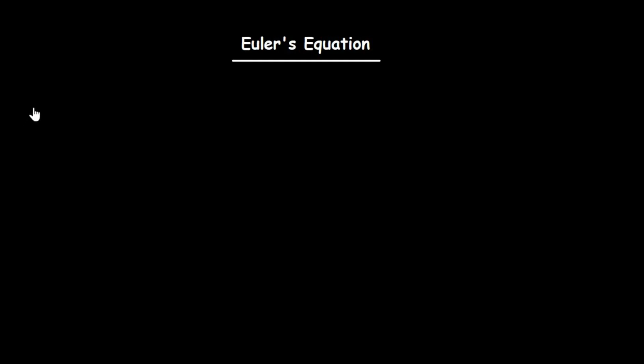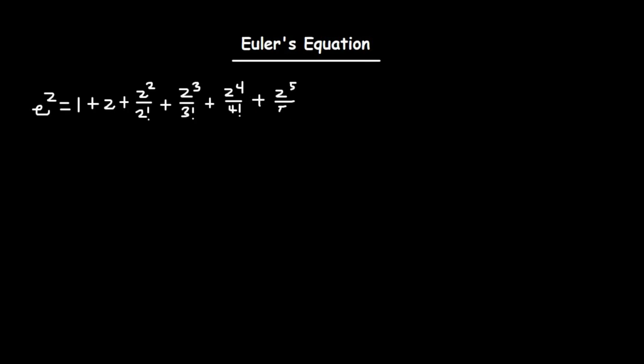So from Taylor series, we know that e to the power z will be equal to 1 plus z, plus z to the power 2 divided by 2 factorial, plus z to the power 3 divided by 3 factorial, plus z to the power 4 divided by 4 factorial, plus z to the power 5 divided by 5 factorial, and this series continues.